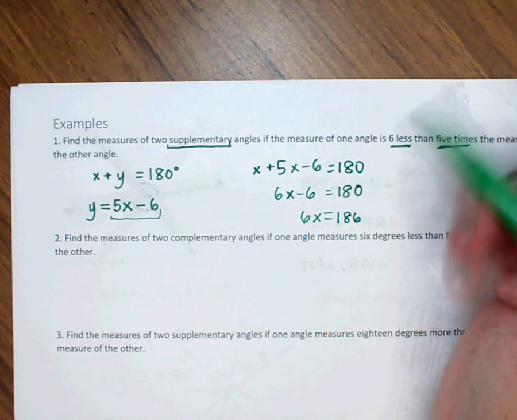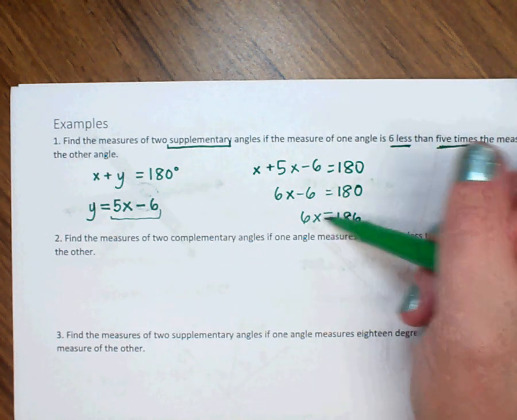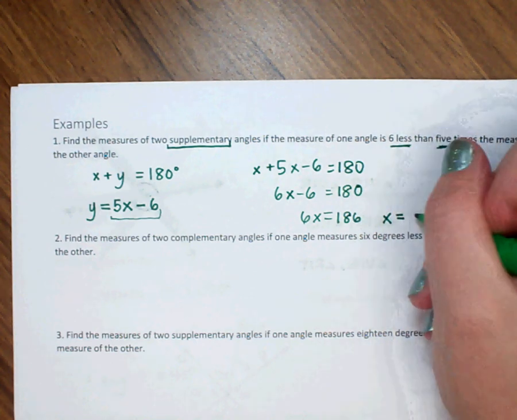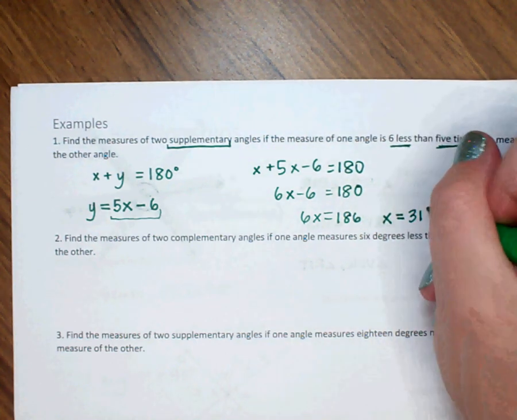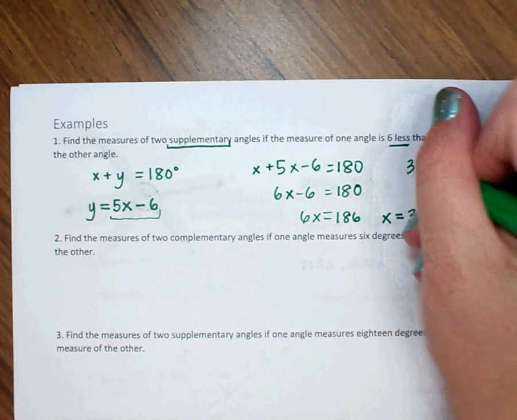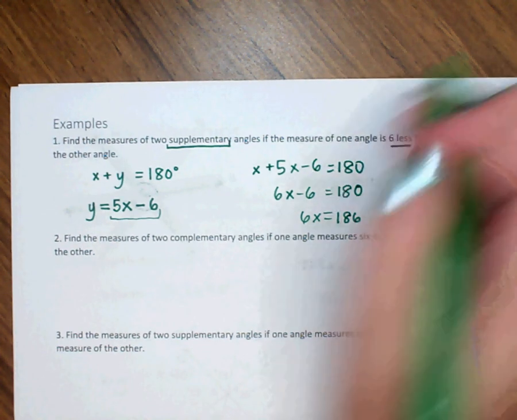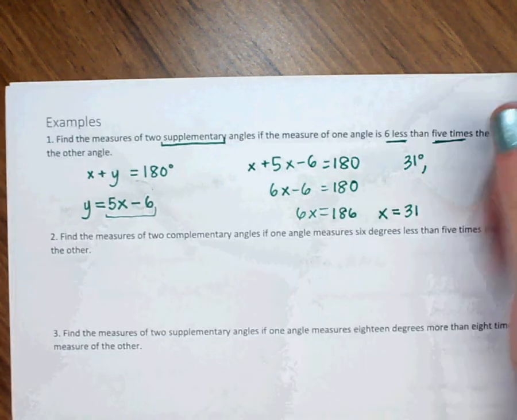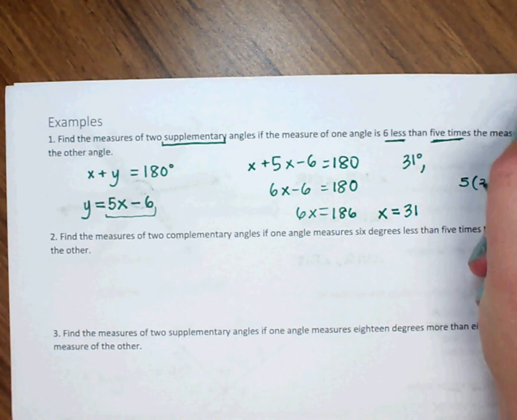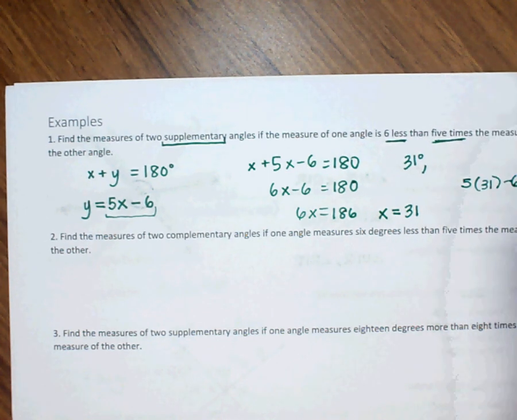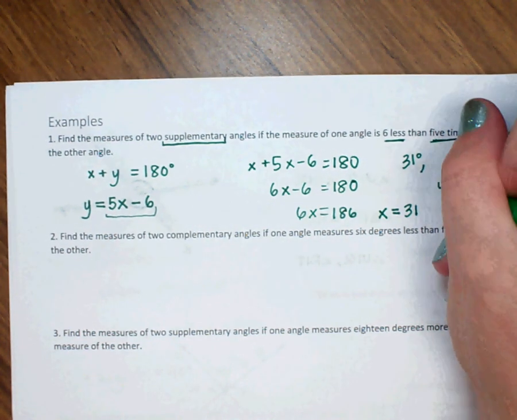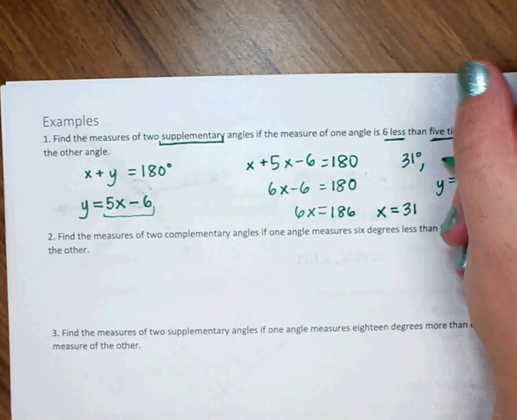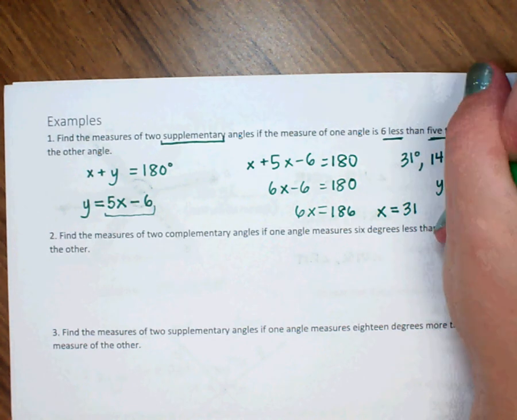And then when we divide by 6, our x value ends up being 31. Okay, so one of our angles is 31 degrees. And to find the measure of our second angle, we're going to go ahead and substitute that x value in. So 5 times 31 minus 6 gives us a measure of 149 degrees.